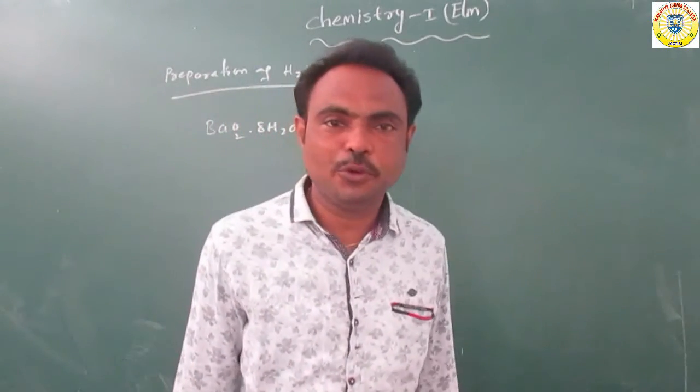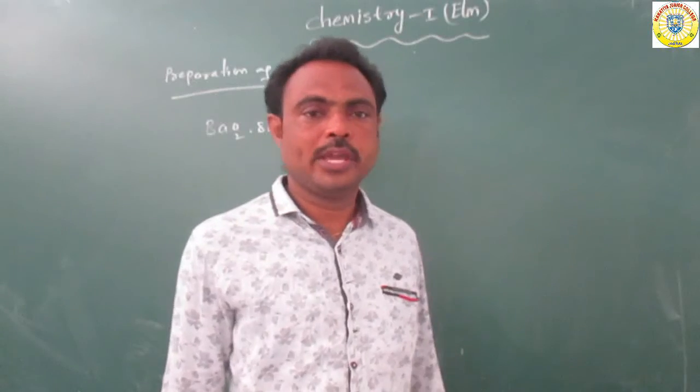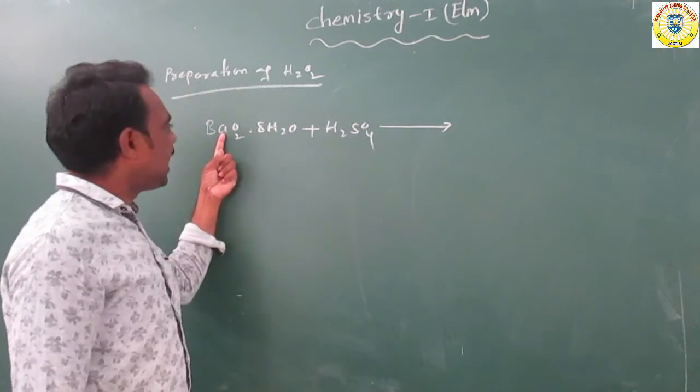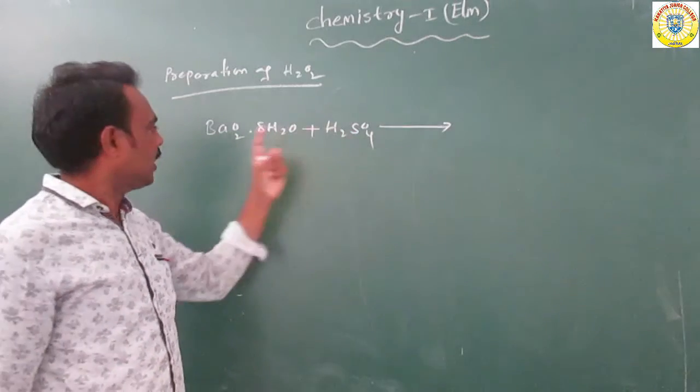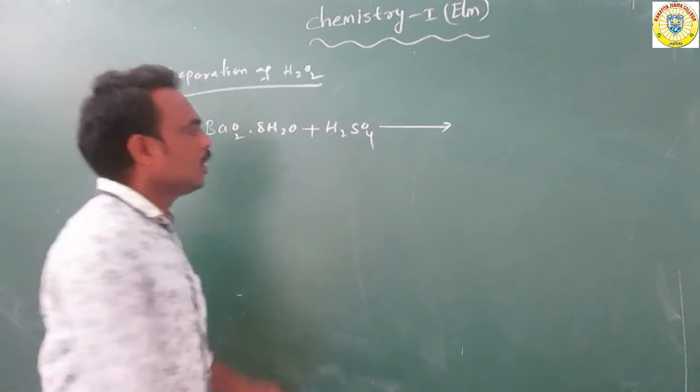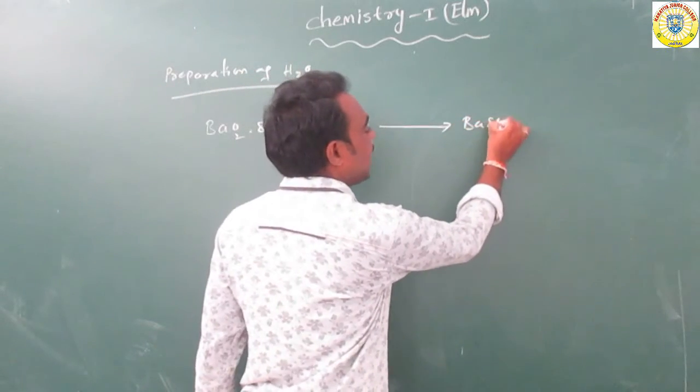H2SO4 means sulfuric acid. In this reaction, first of all, we form BaSO4, where Ba is barium and SO4 gives barium sulfate.